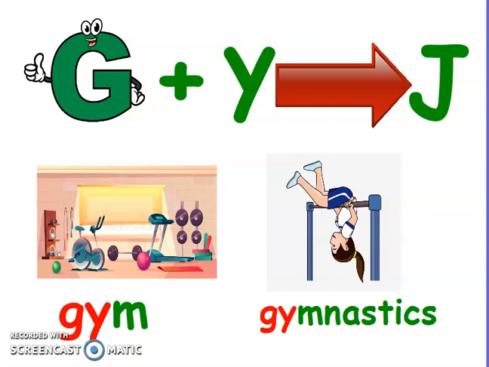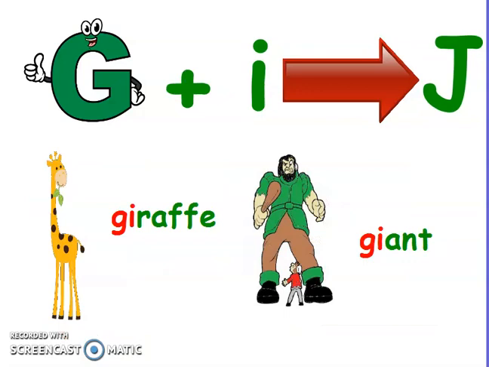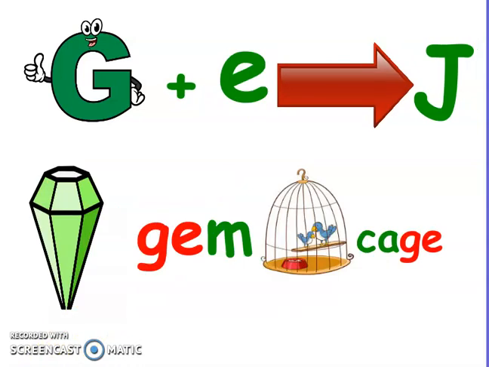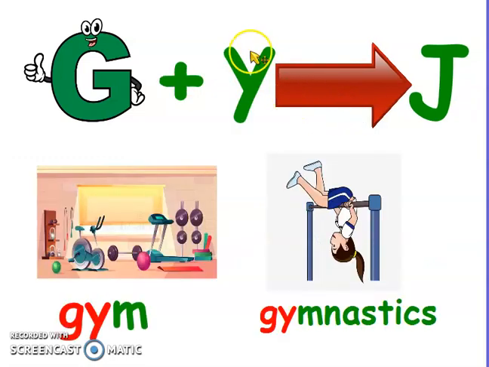Number 1, if it's followed by I. Number 2, if it's followed by a letter E. And number 3, if we have letter Y after letter G, it's pronounced J.